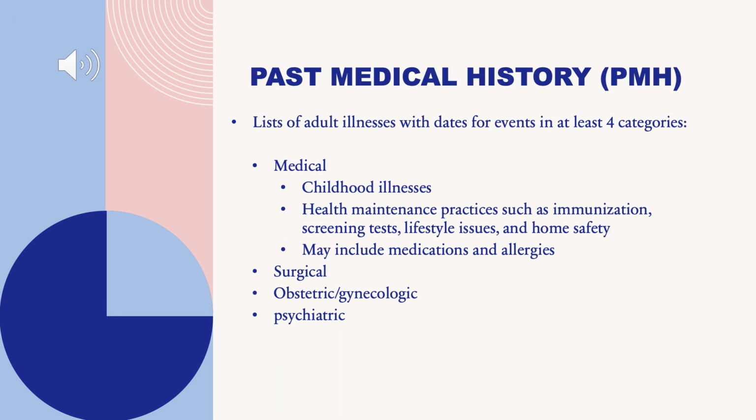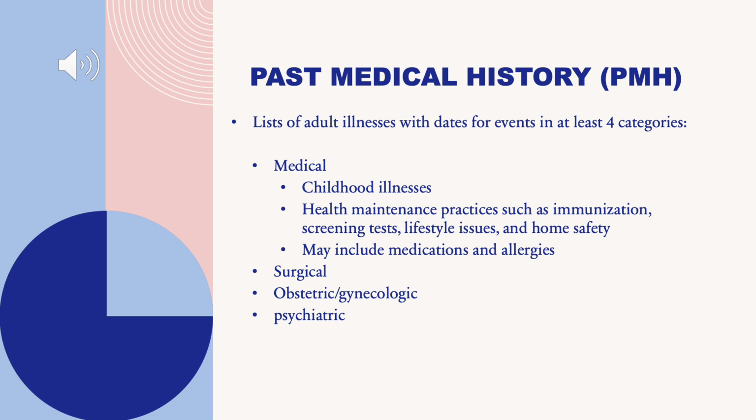Past medical history. These list the adult's illnesses with dates for events in at least 4 different categories: medical, surgical, obstetric, gynecologic, and psychiatric. So you may list the childhood illnesses, including health maintenance practices such as immunization, screening tests, lifestyle issues, and home safety.